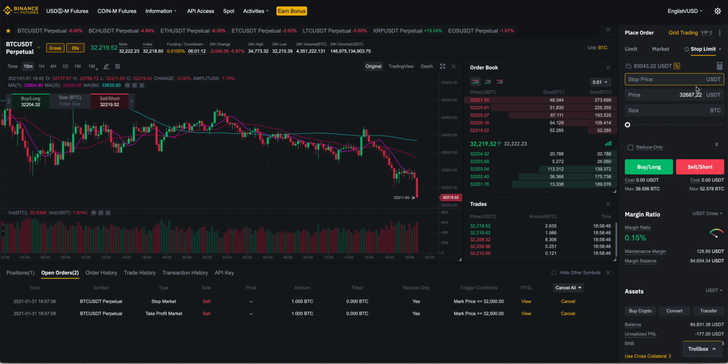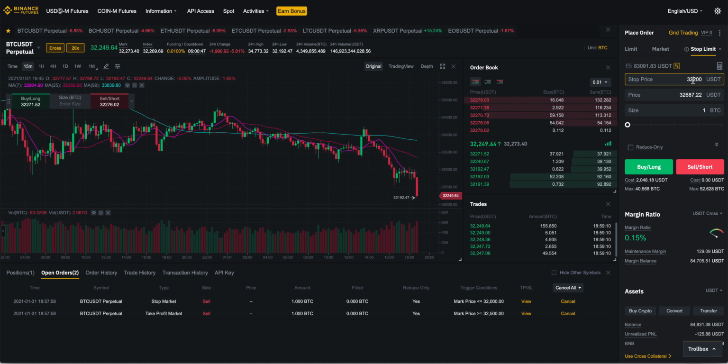If this price is touched, let's say 32,200 is touched, and let's say I want to open a short position, then a sell order of 1 Bitcoin will be placed as a limit order at the price I write here.